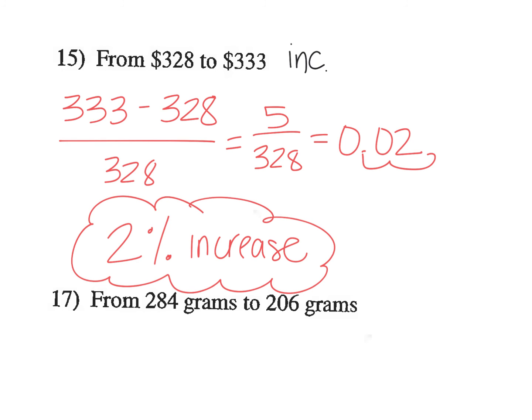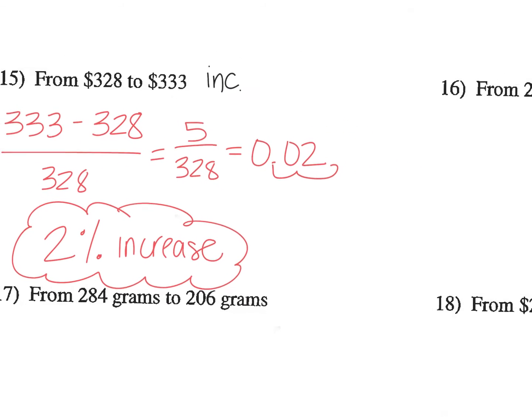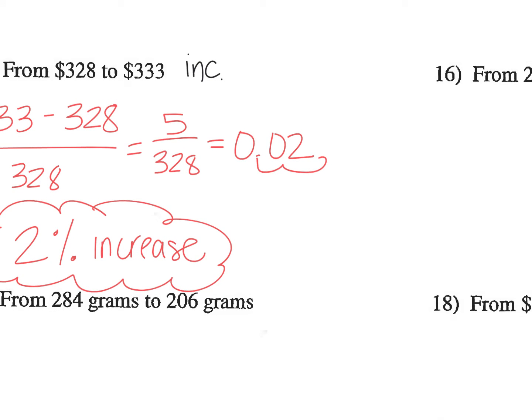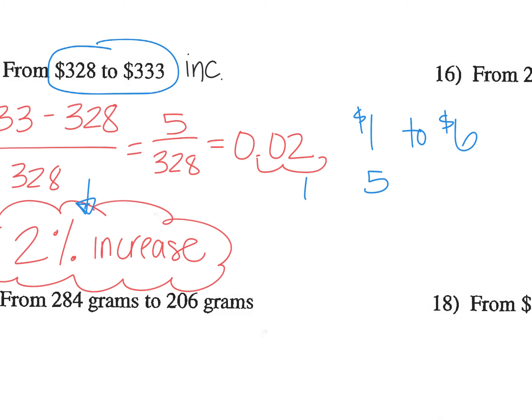So let's say we have, I'm going to zoom out here and use my space next to here, and you don't have to write this down because it'll go into your other problem, but I just want to show you an example. So here we can see that we have a $5 increase, which we found out is a 2% increase. If I went from $1 to $6, that's also a $5 increase. So we would do 6 minus 1 over 1, which would be 5 over 1, which equals 5, which then would be 500%.